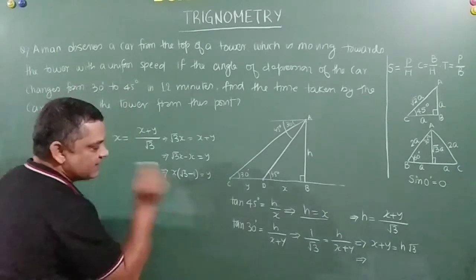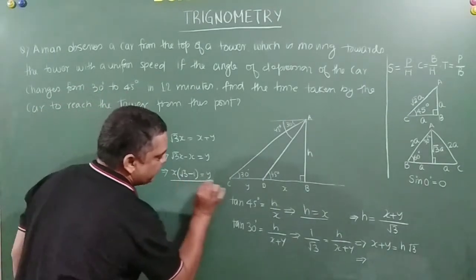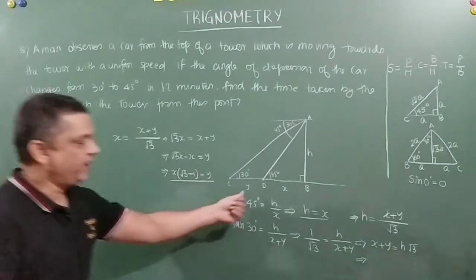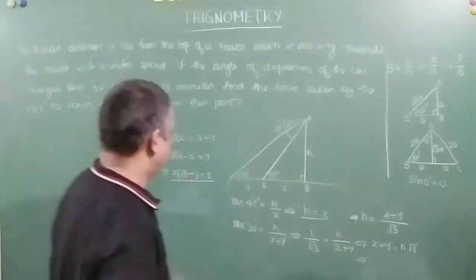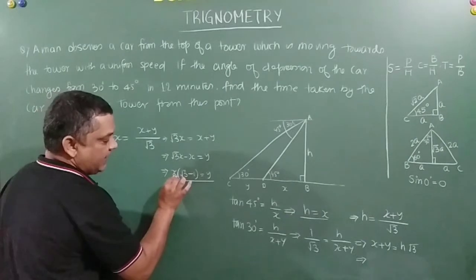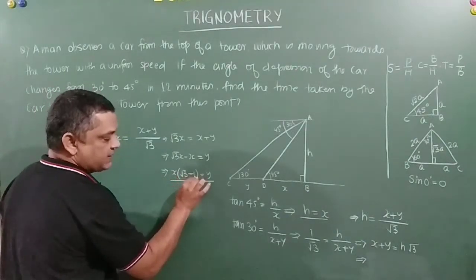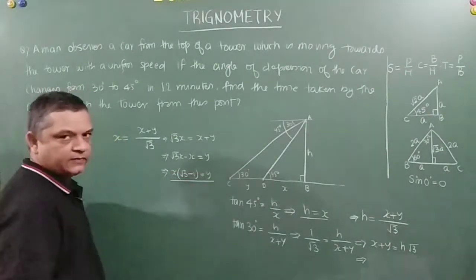Now friends, let us find one thing. Please observe it carefully. This y, what I have done, I have expressed in the form of x, right? So x root 3 minus 1 is equal to y, correct?